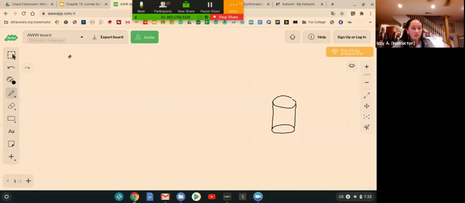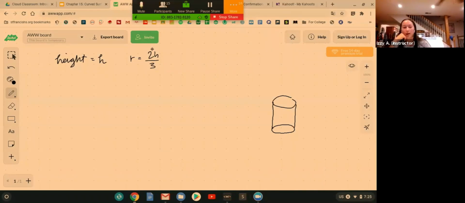Okay. So we're going to let the height equal h. Then the radius, this r stands for radius, is going to be 2/3 times the height, or you can say 2h over 3. And we know that the volume is equal to 96 pi.